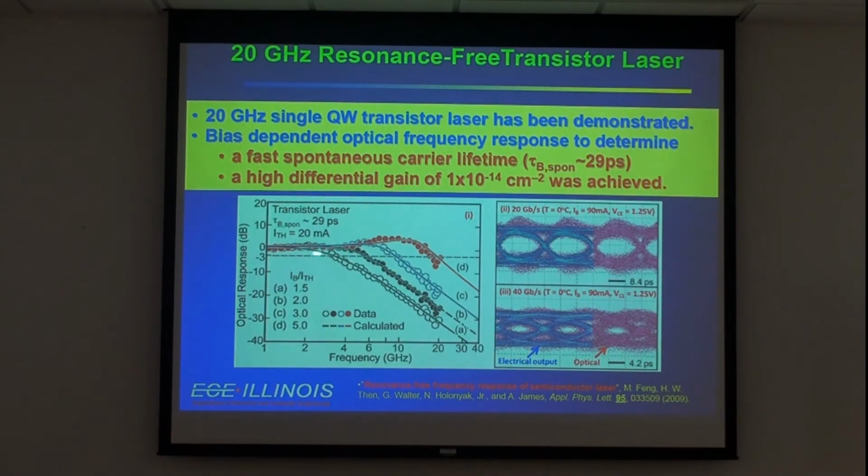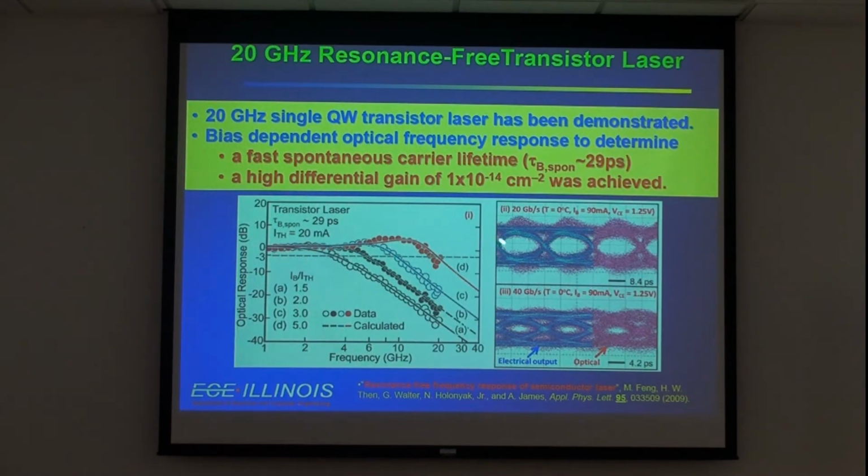You can see this is an edge emitting 400 micron device, and you have a 20 GHz bandwidth, and it's almost resonance free. And remember, this is a 400 micron device, pretty large as you compare to a conventional VCSEL.